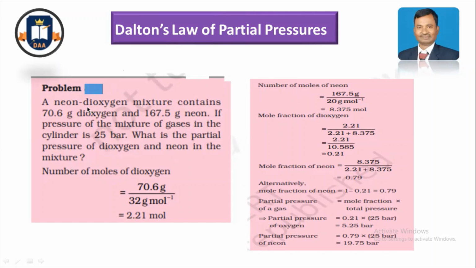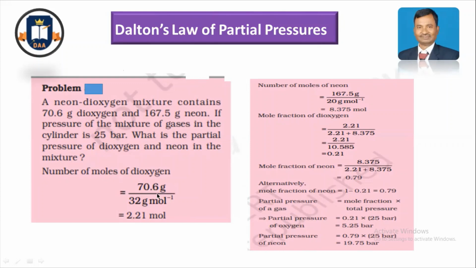First, we have to convert the grams of each individual gas, dioxygen and neon, into the number of moles. So dioxygen is 70.6 gram, divided by the molecular weight of dioxygen, which is 32 gram per mole.